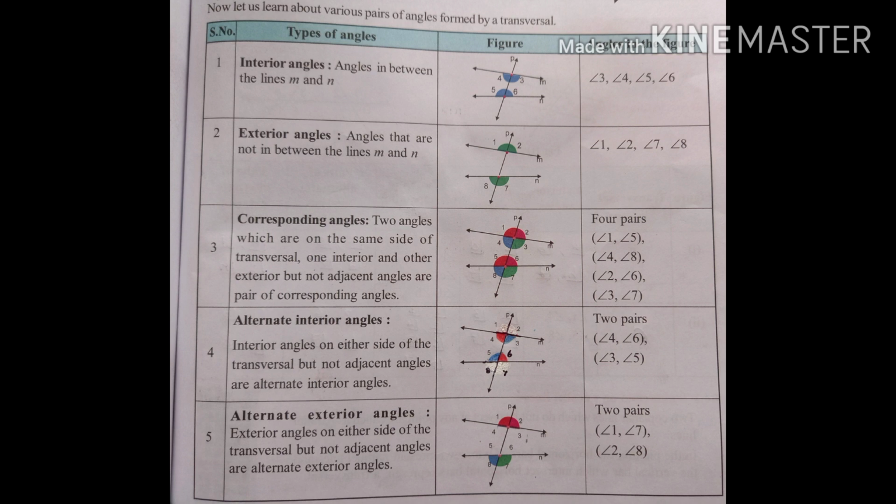Angle 2 and angle 8 are also exterior angles on either side of the transversal. Either side of the transversal means alternate. If they are interior, alternate interior angles. If they are exterior, alternate exterior angles. These are the two pairs, angle 1, angle 7, angle 2 and angle 8. Okay children.